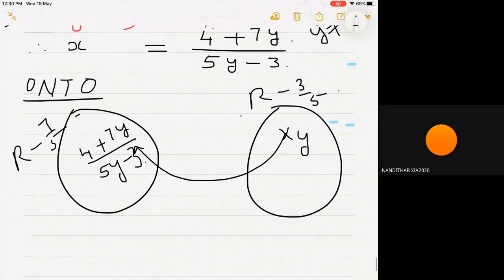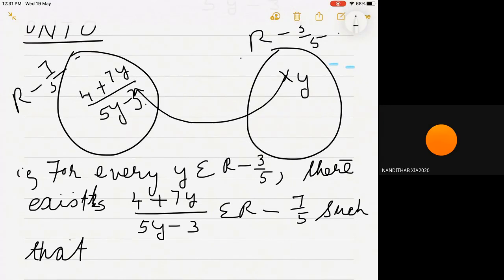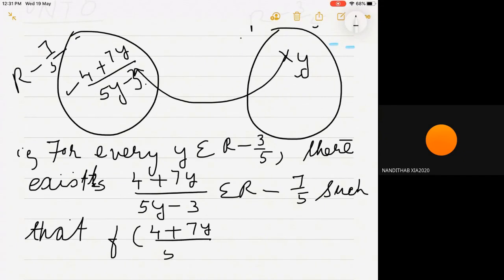Okay, so next, we say that this element is a pre-image of y. Theoretically, how do we say it? It is such that f of 4 plus 7y by 5y minus 3 is equal to y.